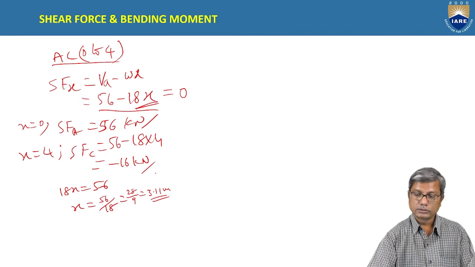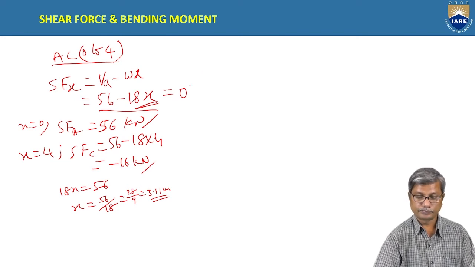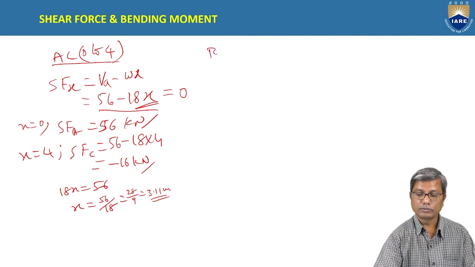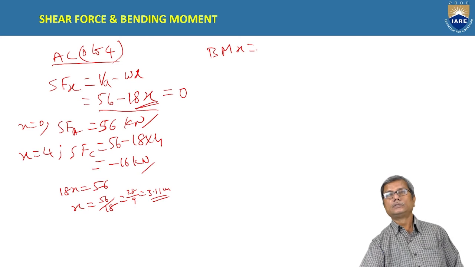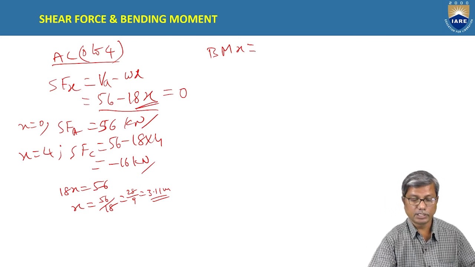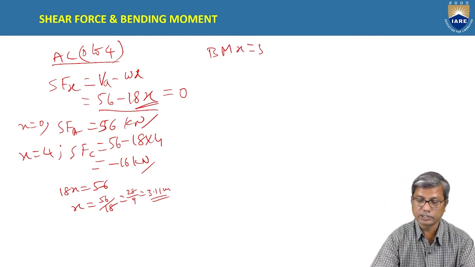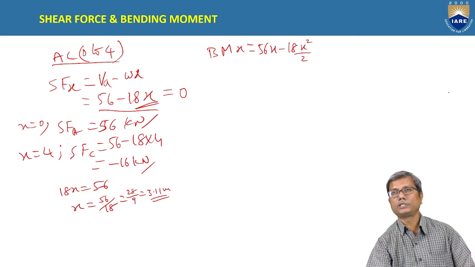So you consider now bending moment. Bending moment at x, which is VA into x, that is 56 into x minus W x into x by 2. The W x square by 2.